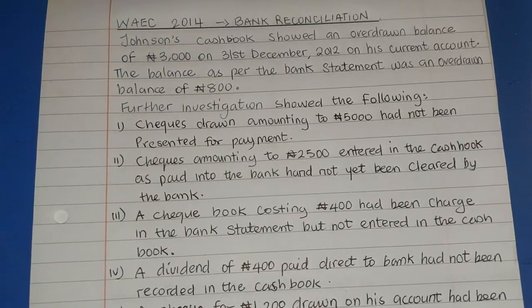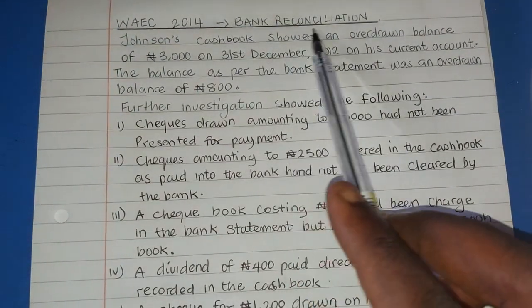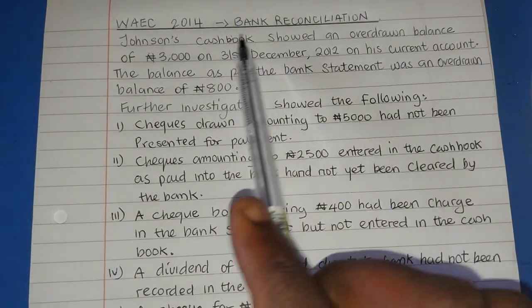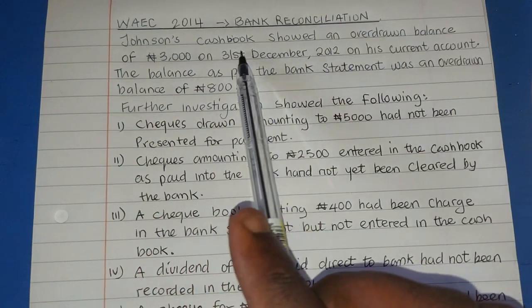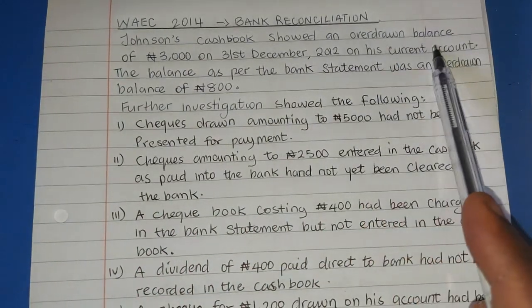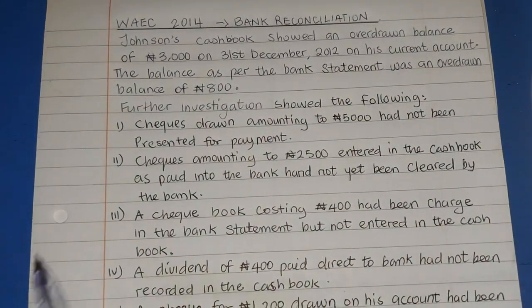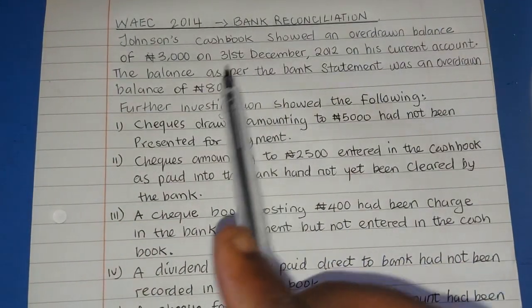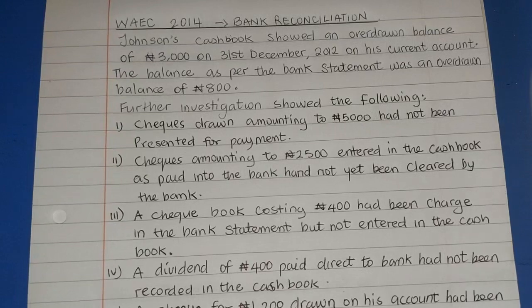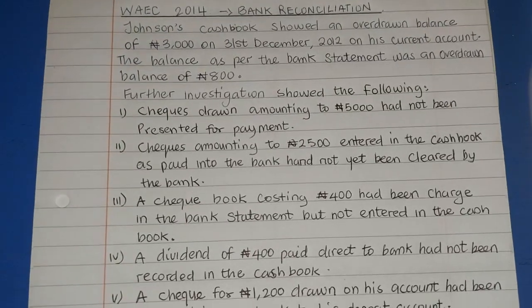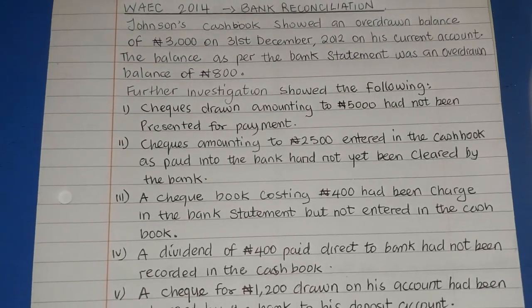The question is on bank reconciliation where the cash book has an overdrawn balance. Part 2 is where the cash book has a normal balance, that's a favorable balance. I've explained that in the first video.